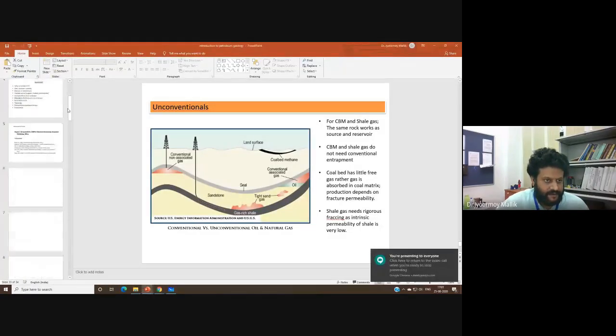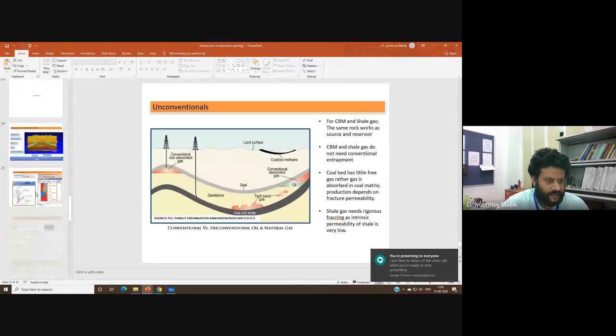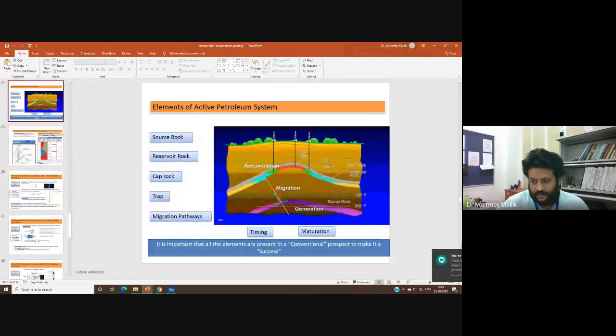So we have been discussing the essential elements for an active petroleum system. We talked about source rock, and we have discussed different properties of the reservoir rocks.